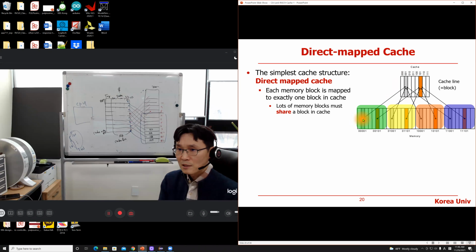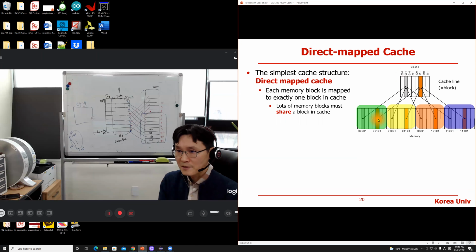That means the message is, many different memory blocks in this figure, the second memory block in green, the second in yellow, orange, and purple, are mapped to the same cache entry.